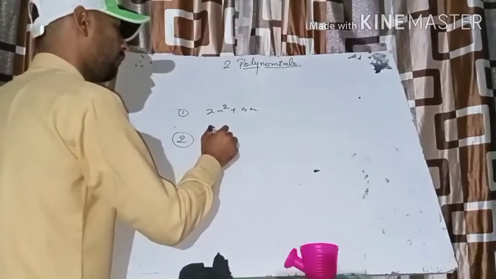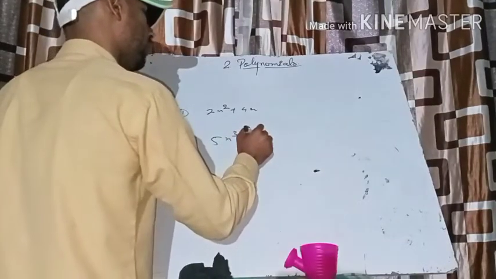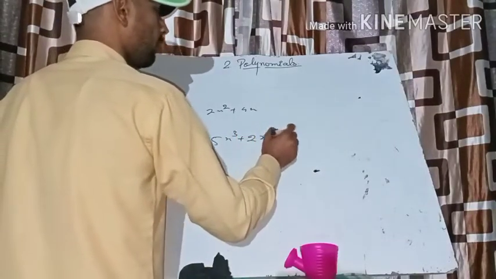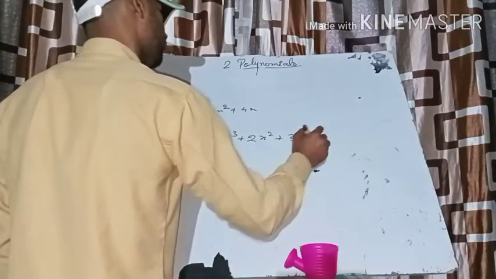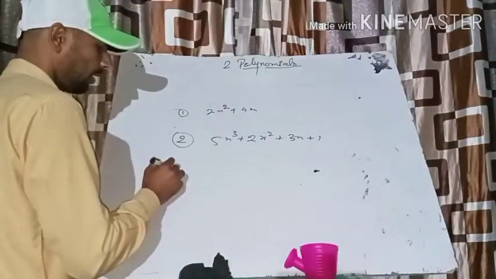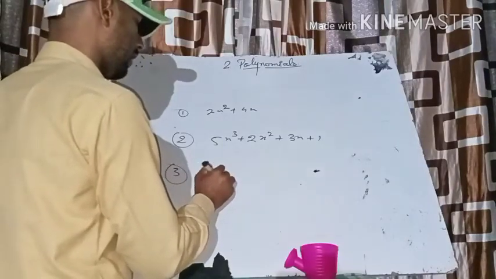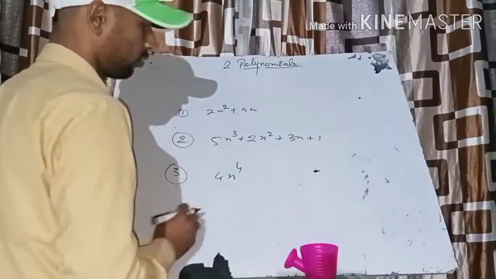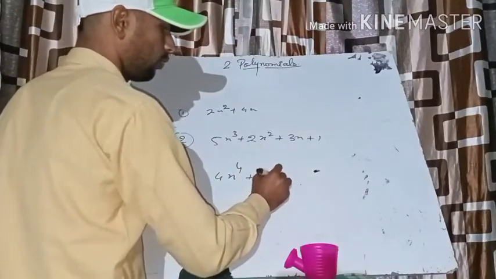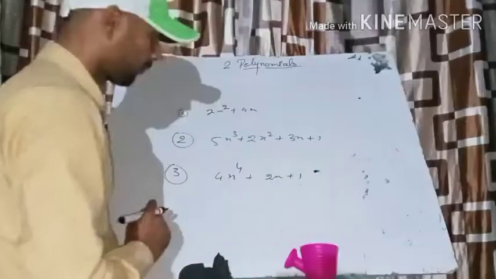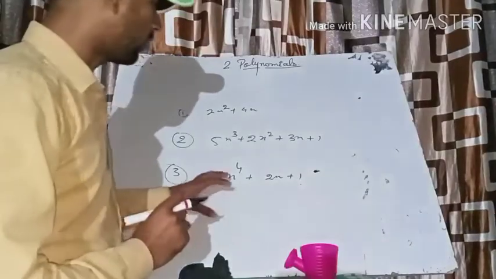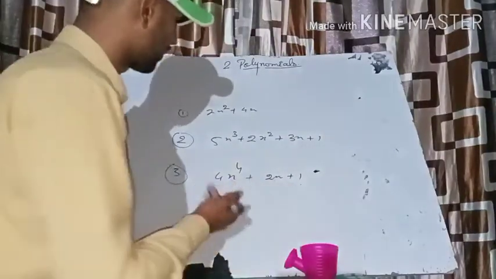Second, 5x cube plus 2x square plus 3x plus 1. In the third example, 4x raised to the power 4 plus 2x plus 1. It doesn't matter if one term is missing, just ignore it.